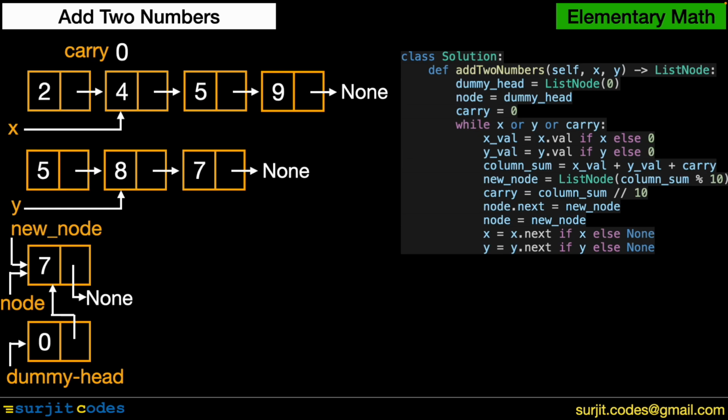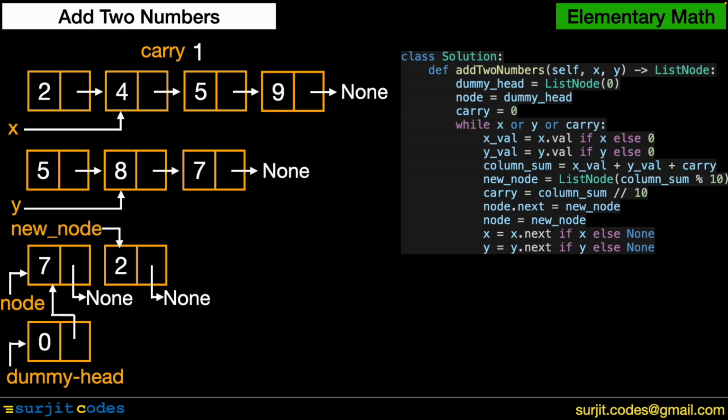In the next iteration, x val is 4 and y val is 8. So column sum is 12. We create a new node with value equal to 2 and carry now becomes 1. We point node next to new node and then point node to new node. Then we point x to x next and y to y next.